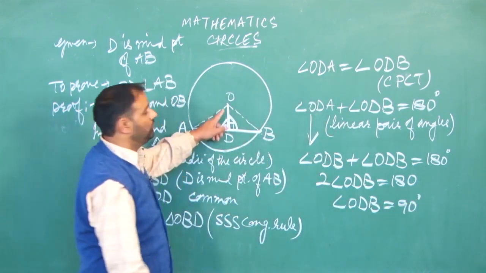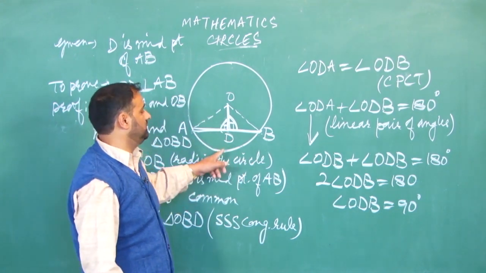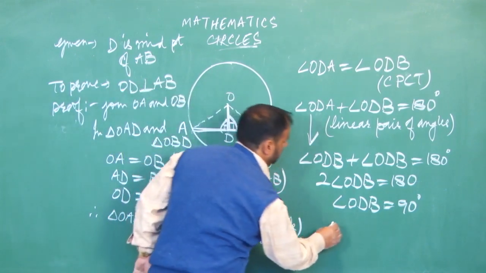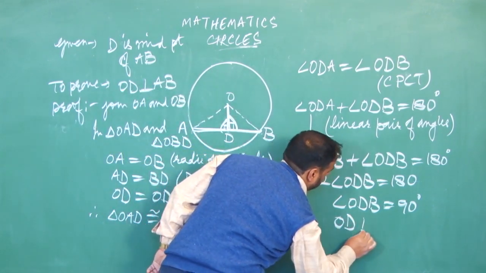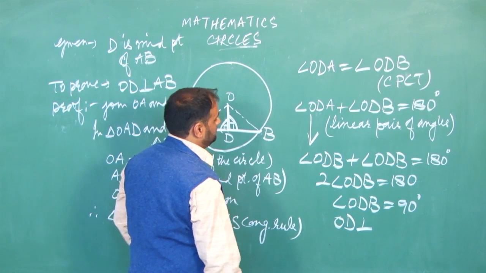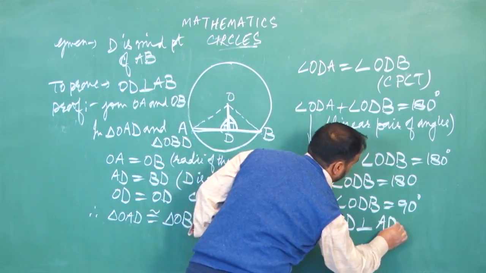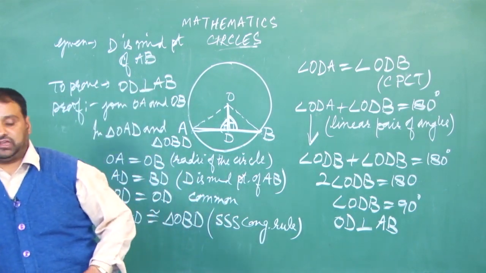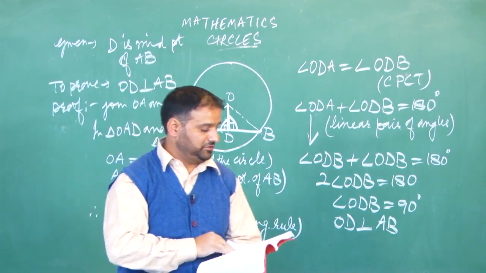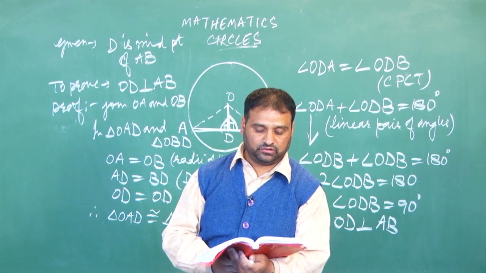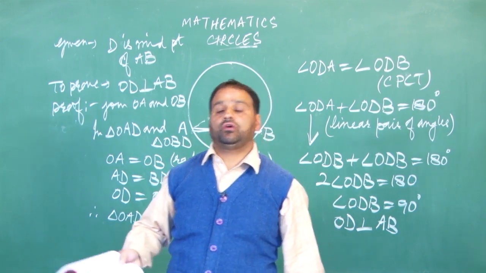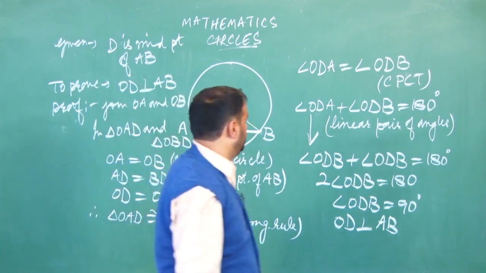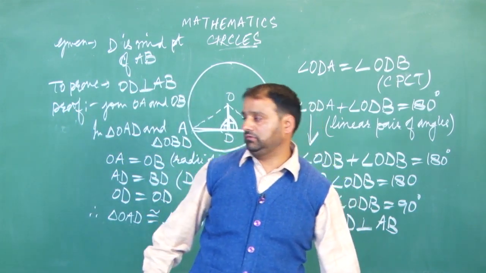So, when OD and AB get intersected, they get intersected at right angles, and hence we are able to prove that OD is perpendicular to AB. So, this is the proof for the theorem that states that the line drawn through the center of a circle to bisect a chord is perpendicular to the chord. Hope that you understand that theorem. Thank you.